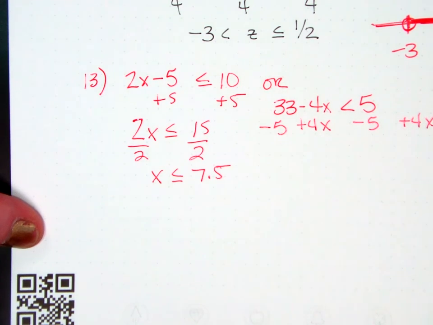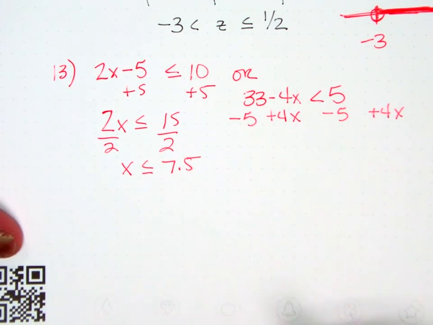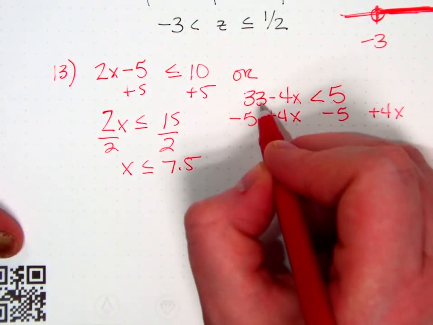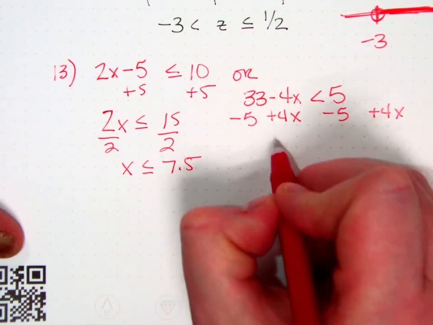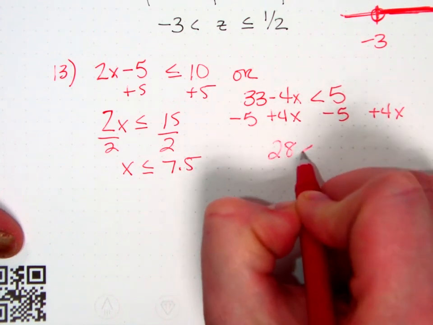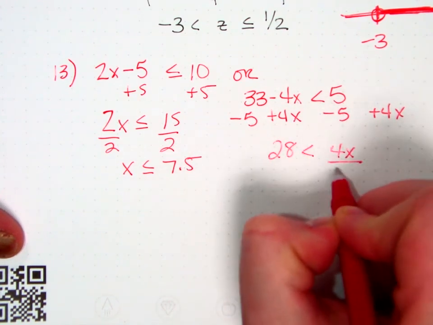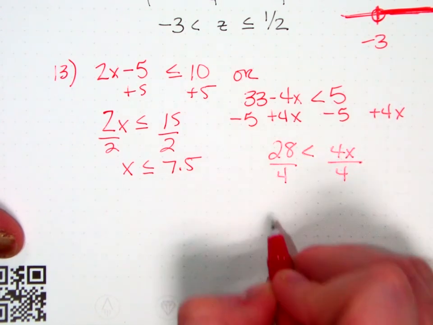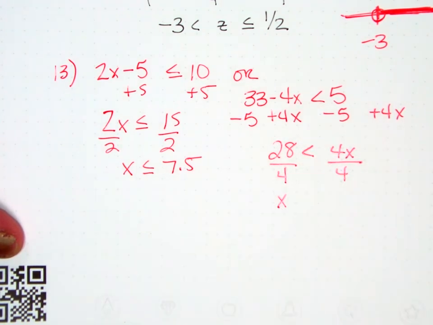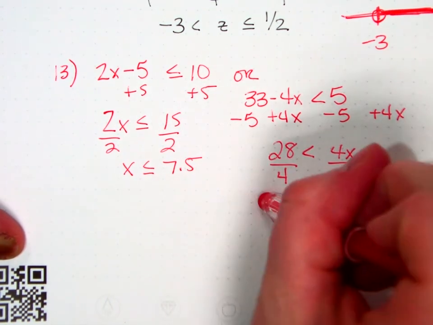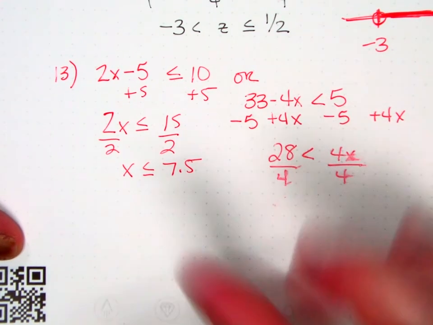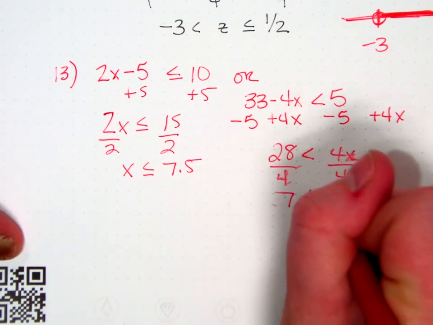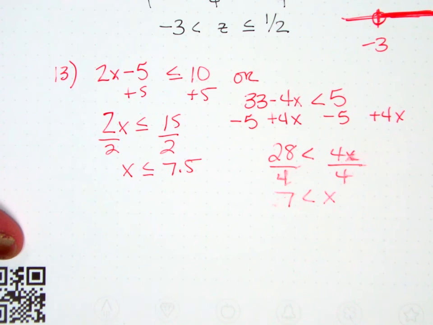I don't want to have to worry about dividing and multiplying by a negative number, so that's why I'm doing it this way. 33 minus 5 is 28, is less than 4x, divide by 4, divide by 4, x, try that again. 7. 7 is less than x.